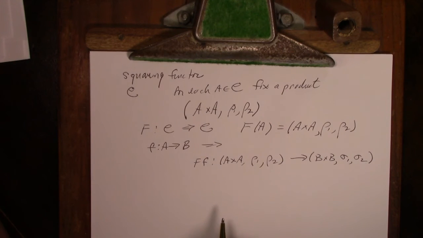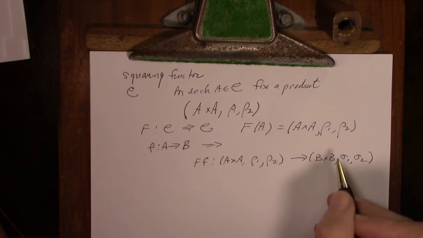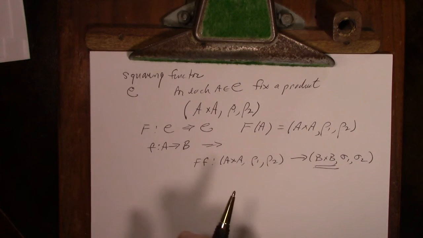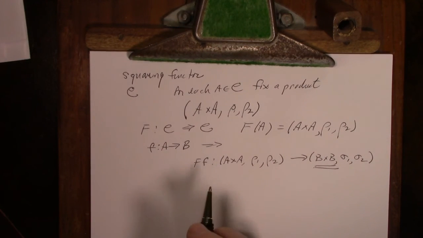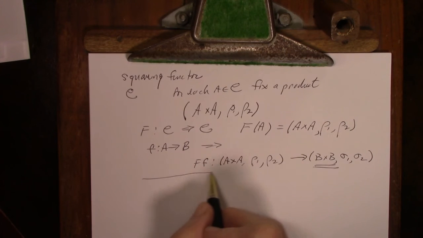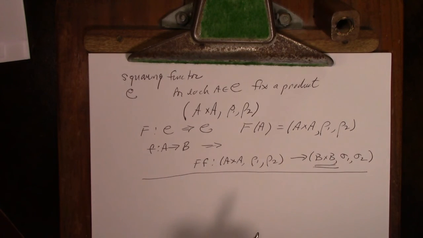Well, this is another case for the mediating morphism trick. We're trying to define a map into a product B cross B. And as a matter of fact, if you draw the picture here, you will see that it looks almost the same as an earlier picture I drew. So I'm going to stop on this one as well and let you fill in the details.